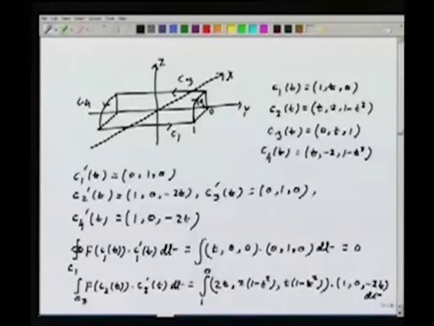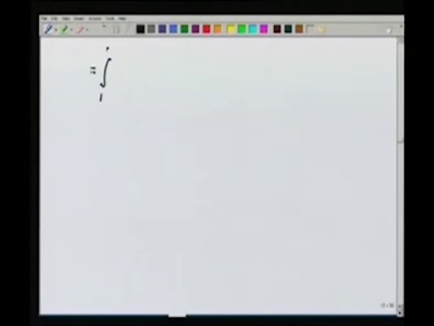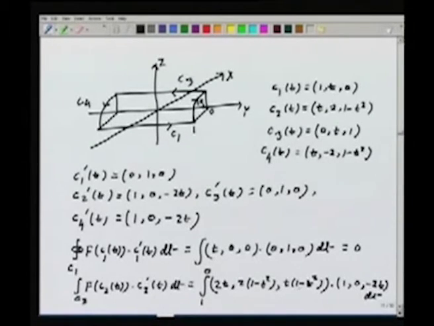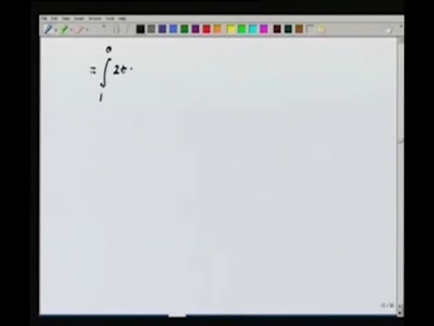If I calculate this, what I will get is, the second portion goes away because there is a 0, so it's 2t times minus 2t into 1 minus t square. Okay. So this is then equal to the integral from 1 to 0 of, let us check, the product of this quantity into this quantity, that is minus 2t square into 1 minus t square dt.